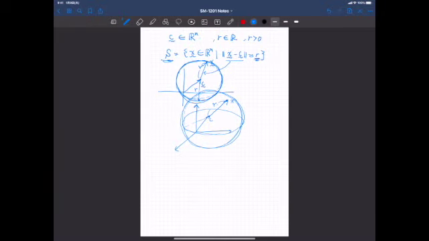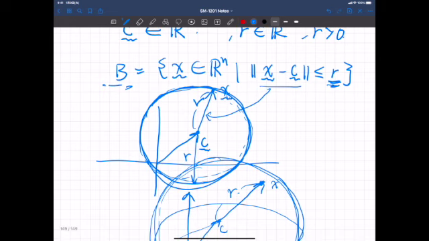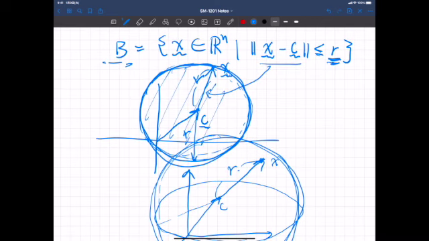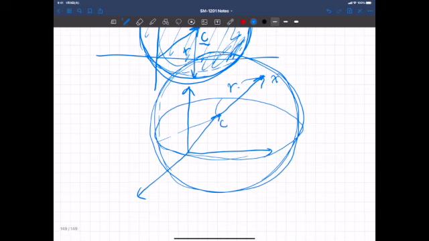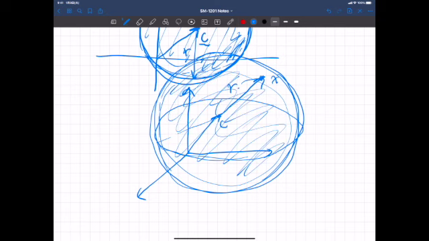And similarly, instead of equal, we might define less than or equal to R. In that case, let's call it B. This means inside the sphere, inside or on the surface of the sphere. So in the case of two-dimensional space, it is everything inside the circle centered at C. In the case of three-dimensional space, it is anywhere inside this sphere.